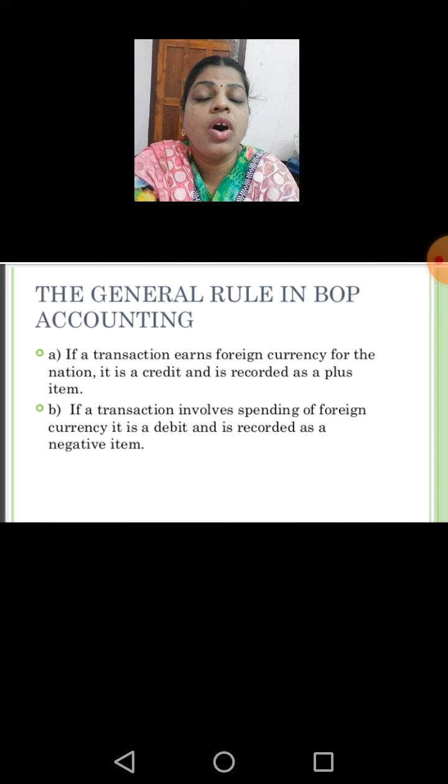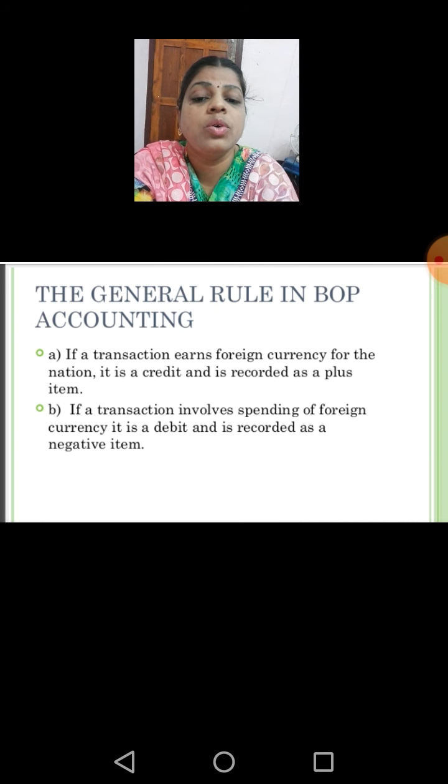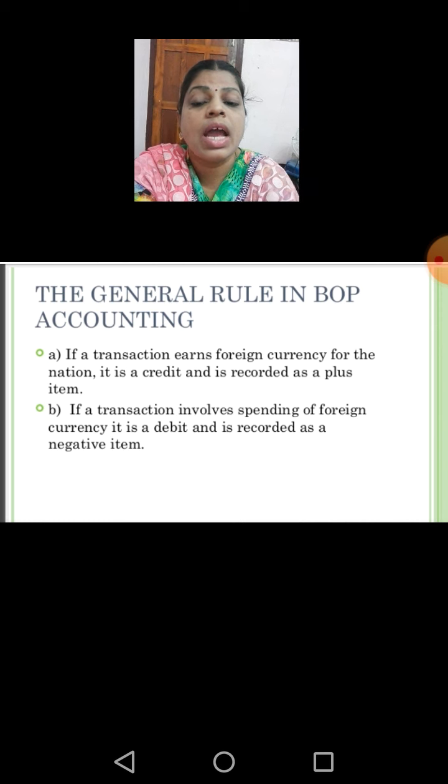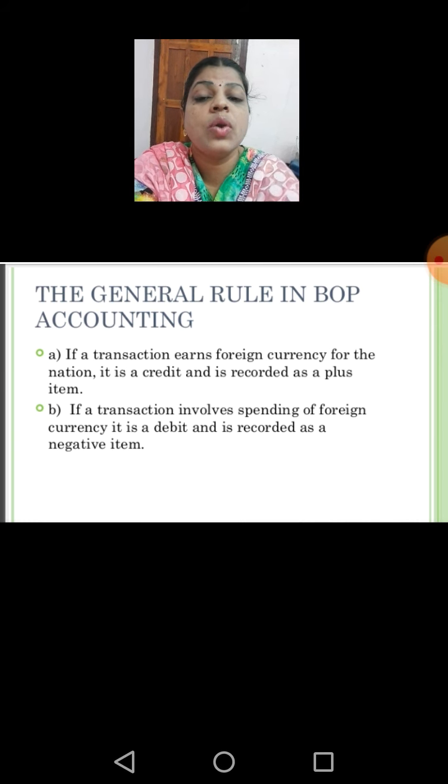So for such imports, we have to make payments for their goods. That is not our credit item, that will get added to the debit item, because they are all deductions from our country's account. So if a transaction involves spending of foreign currency, it is a debit and it is recorded as a negative item.